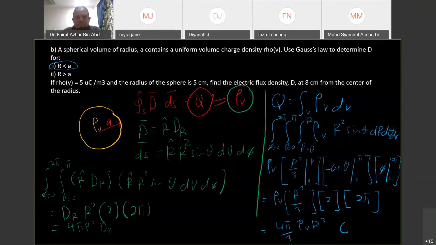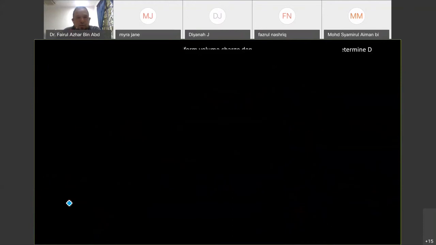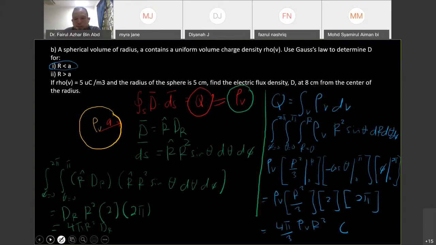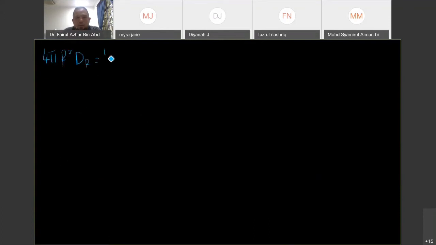Then Dr times 4 pi r squared is equal to 4 pi divided by 3 rho v and r to the power of 3.